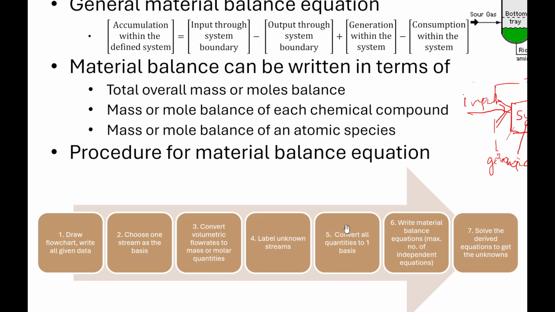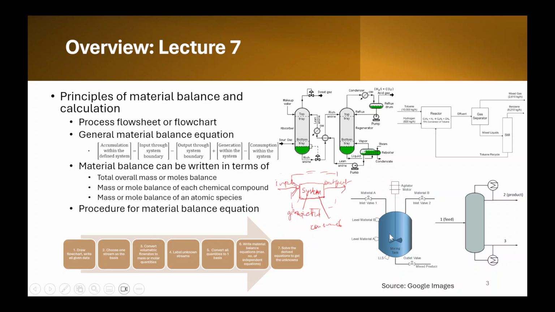If all the flow rates are molar flow rates, then the fractions would be mole fractions. If some are in mass and some in mole flow rates, convert them accordingly to just one basis. Then write the material balance equations, the maximum number of independent equations. Then solve the derived equations to get the unknowns. So we will look at how this is done for two examples.